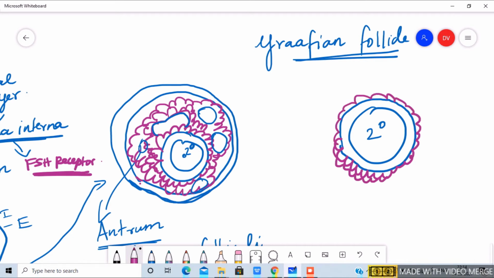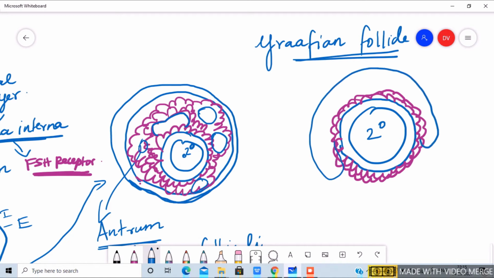And all these cavities will combine together to form one complete large cavity. That is known as the antrum. This complete portion is antrum. Then you will have the theca interna and theca externa.